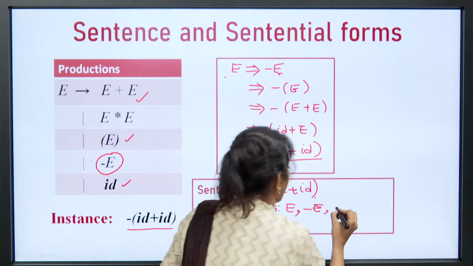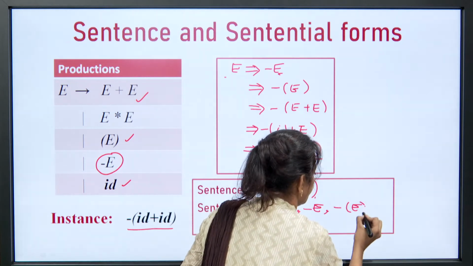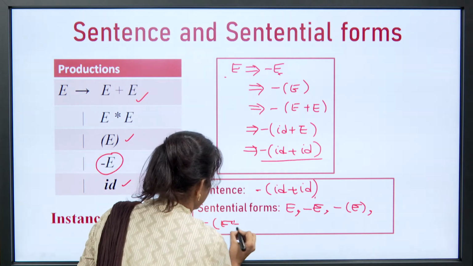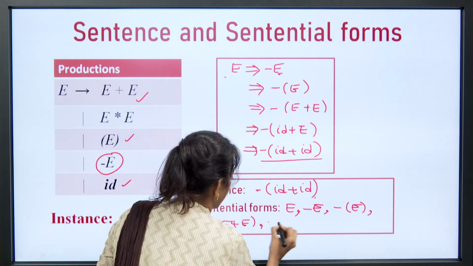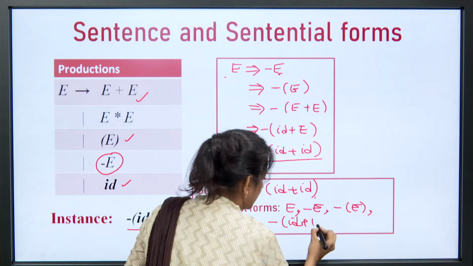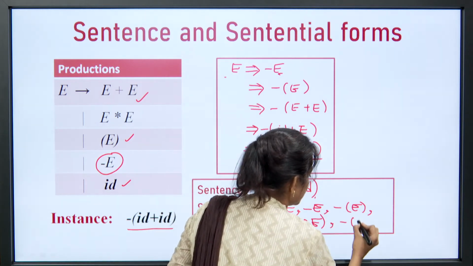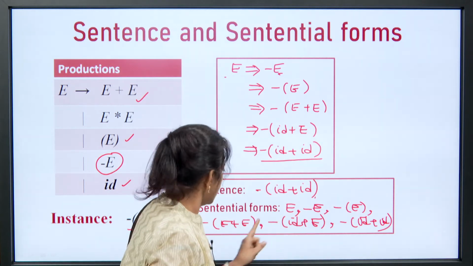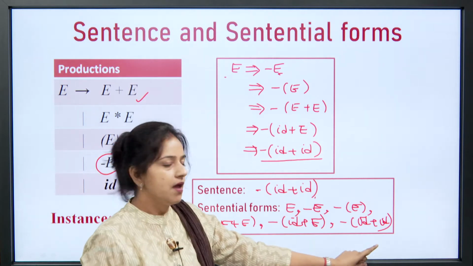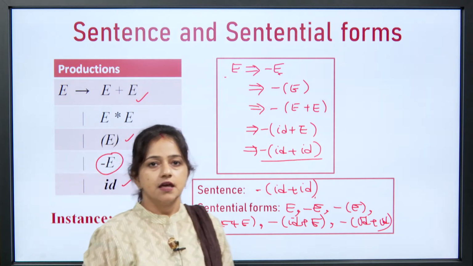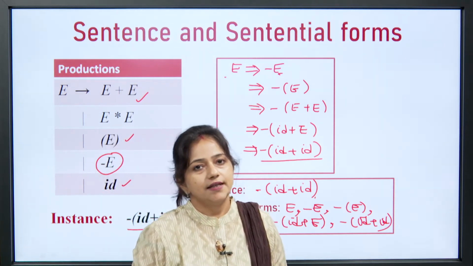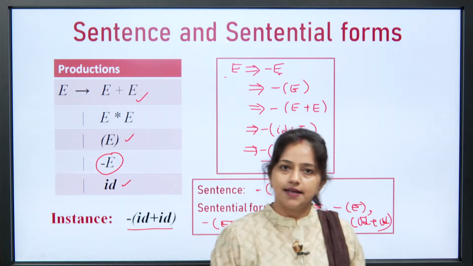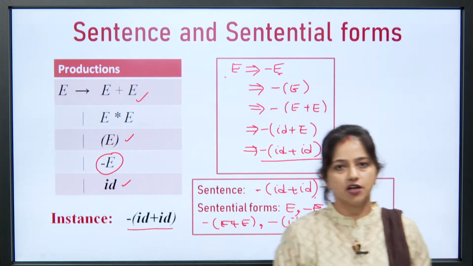Next is minus and parenthesization of E, next is minus E plus E, next is minus id plus E, and next is minus id plus id. These are all sentential forms, while this is the sentence. So, when we obtain the derivation, we can obtain the sentence as well as the sentential forms.